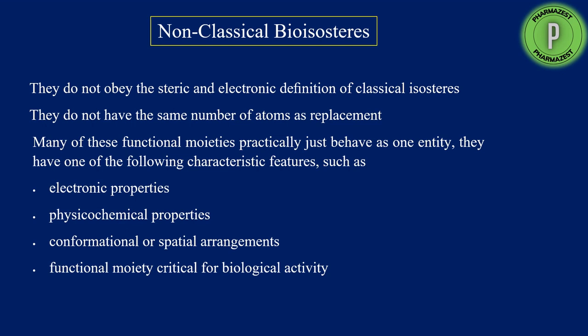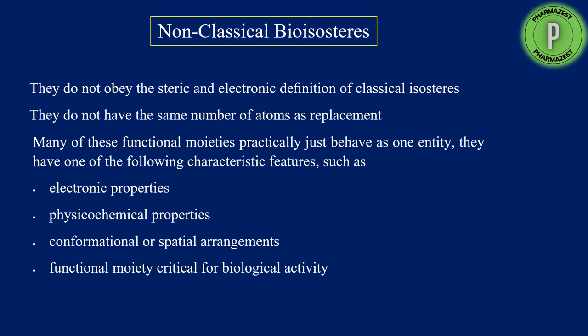They can be more or fewer atoms which are replaced. And many of these functional moieties behave as one entity. They have one of the following characteristics, such as electronic properties, physicochemical properties, conformational or spatial arrangements, or a functional moiety critical for biological activity.